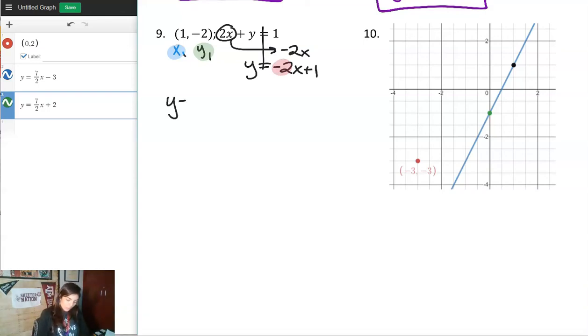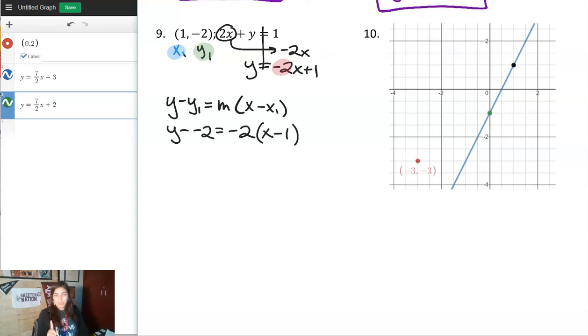We take point-slope form, since we have a point and a slope, and we're going to fill in the points. This would be y minus y1, which is negative 2, equal to m, negative 2, times x minus x1. We fix the double negatives because that doesn't make any sense, and we change it to a plus.